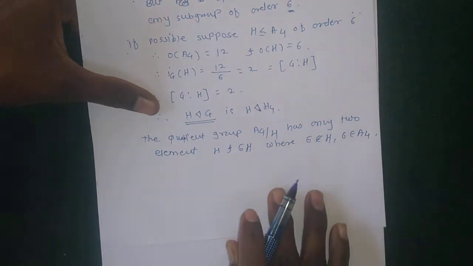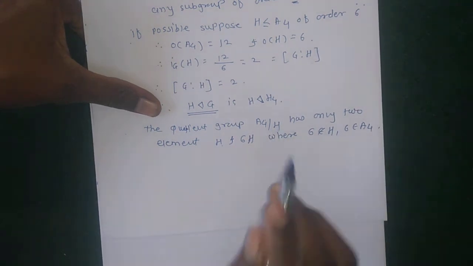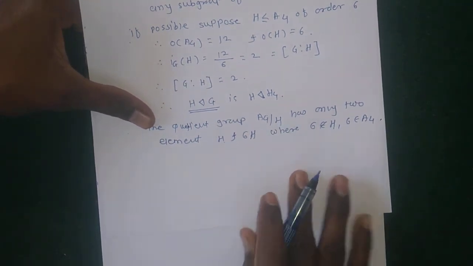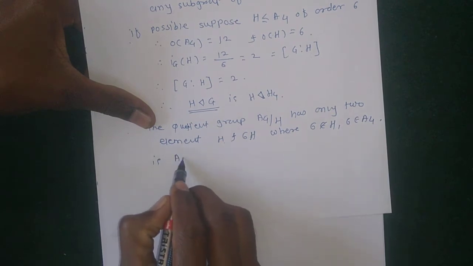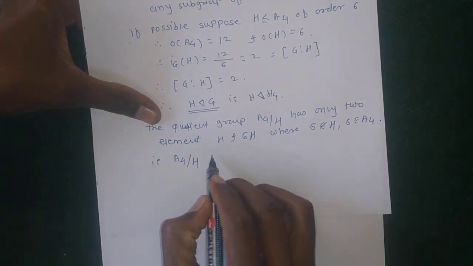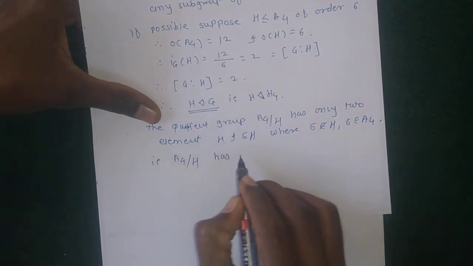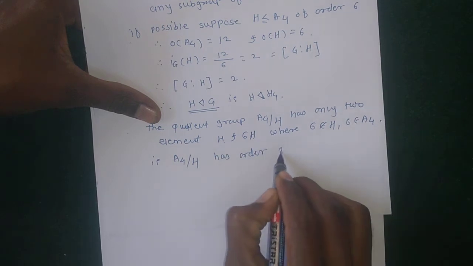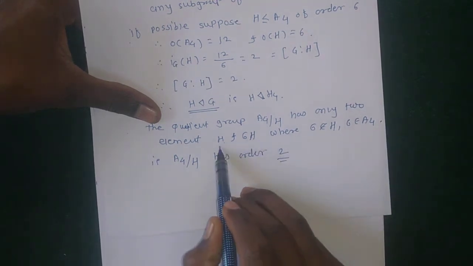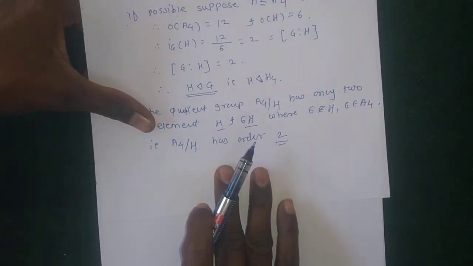Therefore H and sigma H are the elements of the factor group A4 over H, which has order 2.